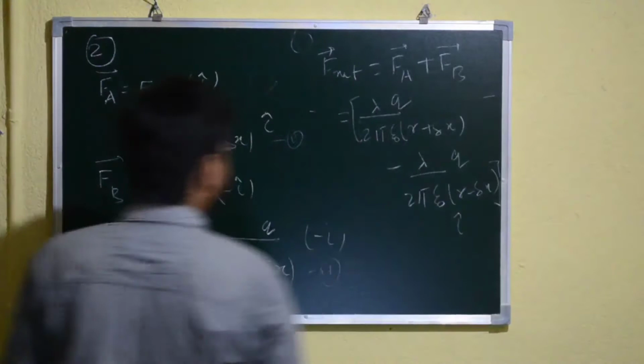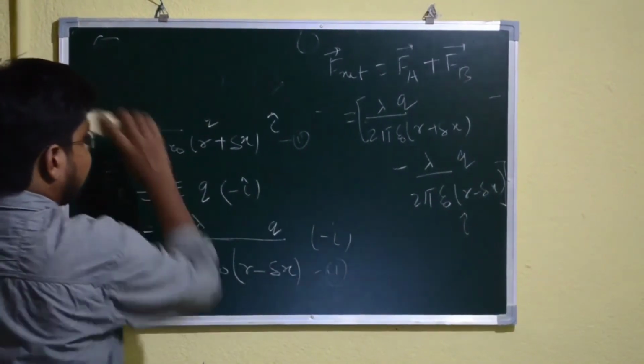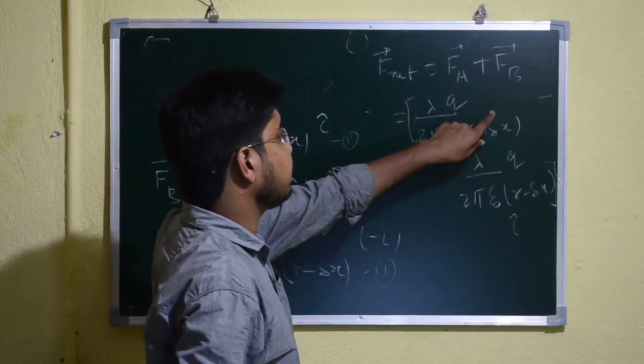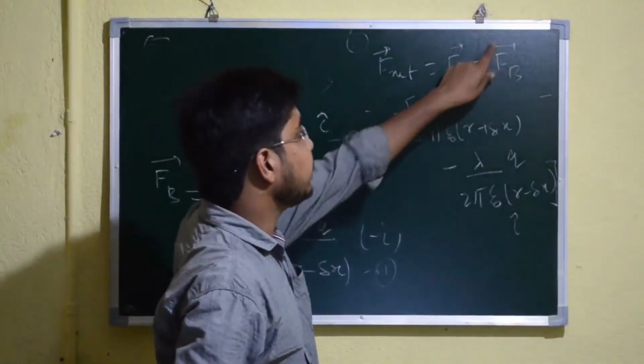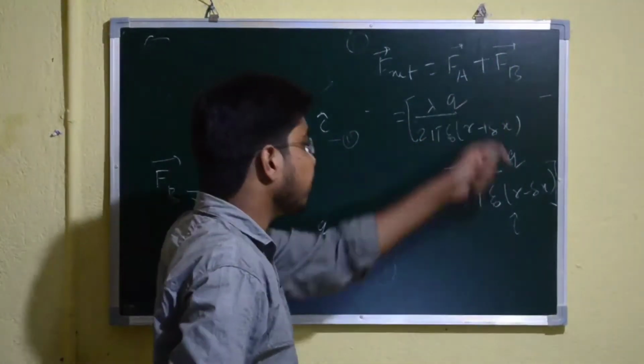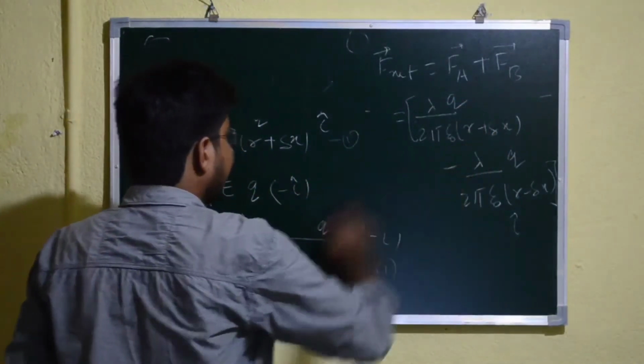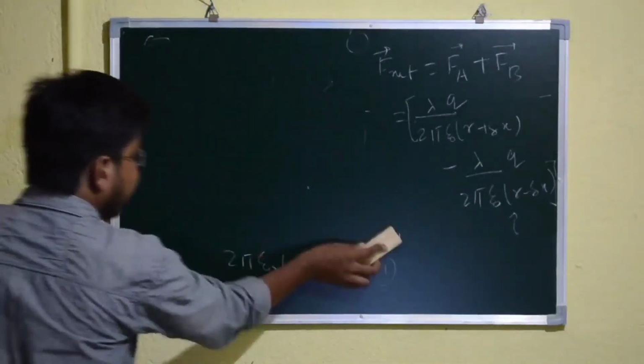As this is a vector addition, the direction of Fa is the positive x axis, that is i cap, and the direction of Fb is towards the negative x axis, that is minus i cap. That's why there is a plus term and a negative term in this equation.